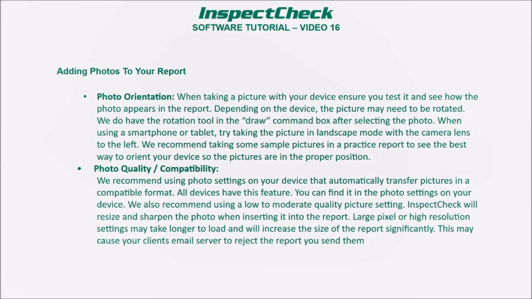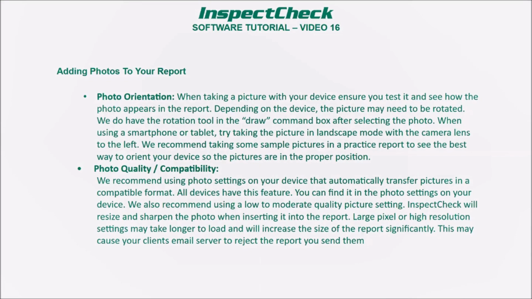Okay, photo quality and compatibility. We recommend using photo settings on your device that automatically transfer pictures in a compatible format. All devices have this feature. You can find it in the photo settings on your device. We also recommend using a low to moderate quality picture setting. InspectCheck will resize and sharpen the photo when inserting it into the report.